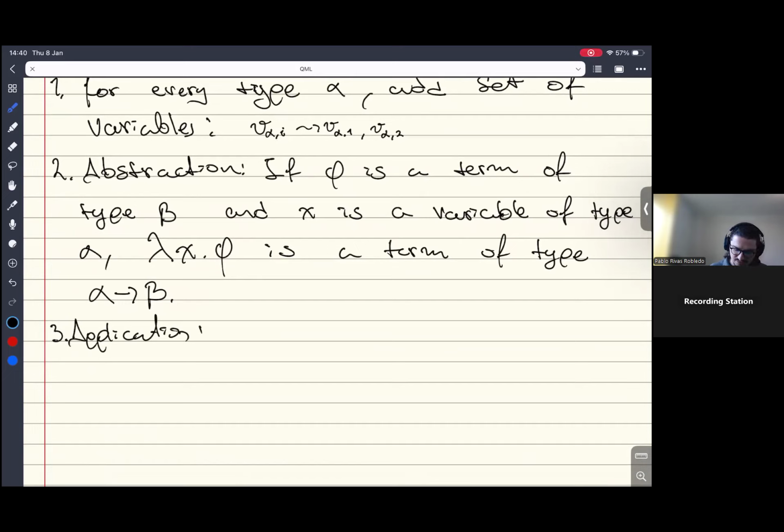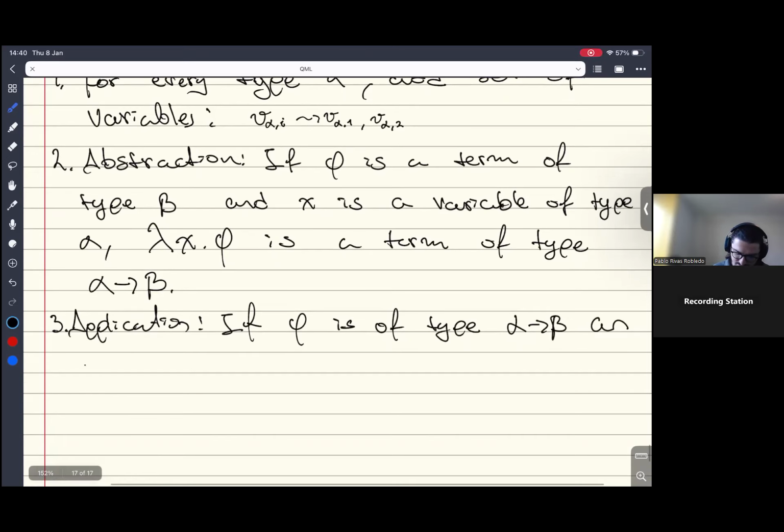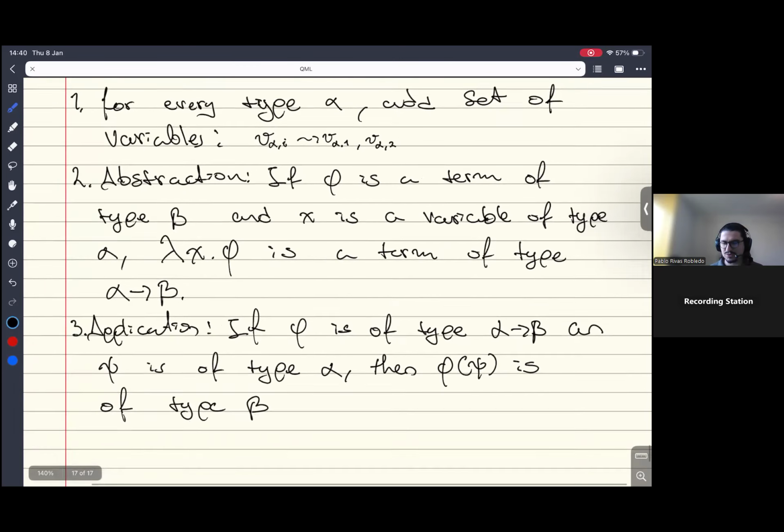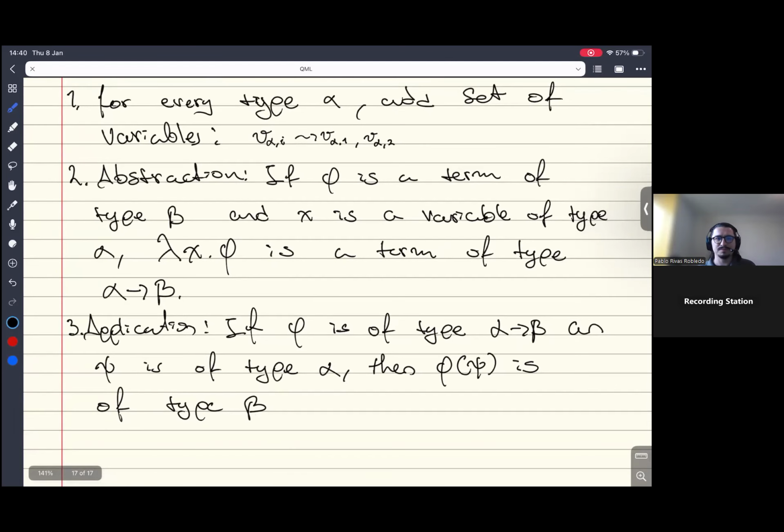An application says that if phi is of type alpha to beta and psi is of type alpha, then the application of phi to psi is of type beta, which is what I explained before.